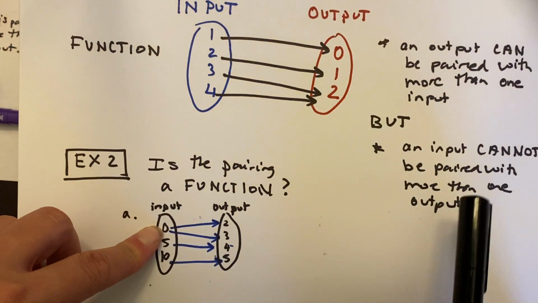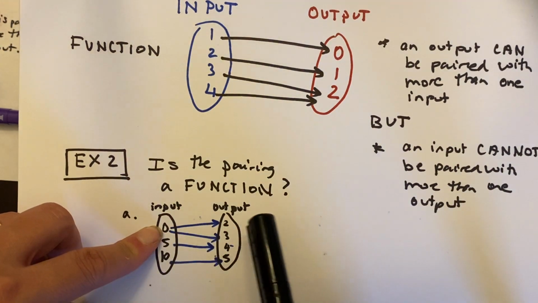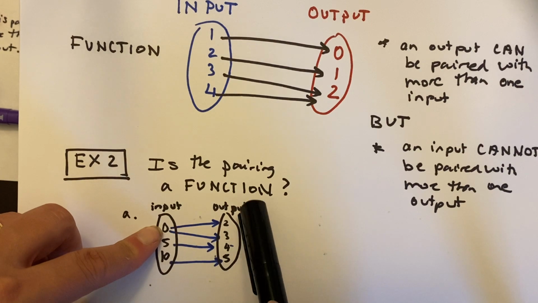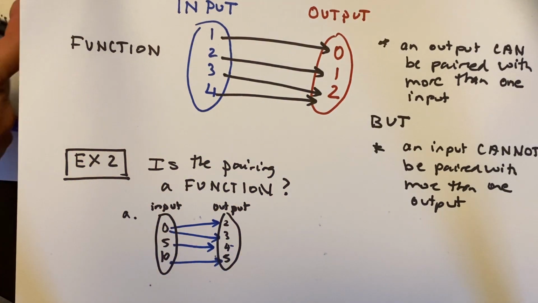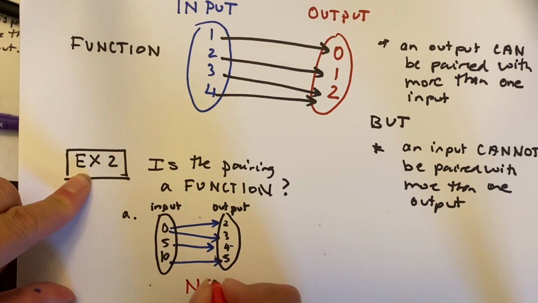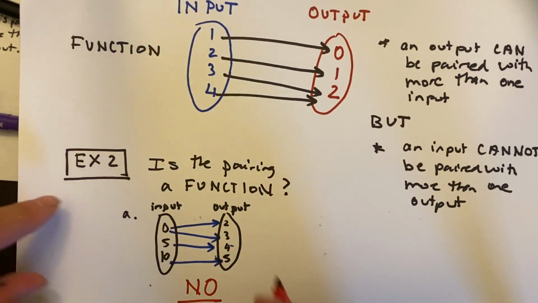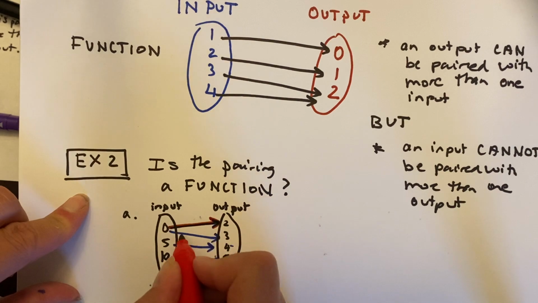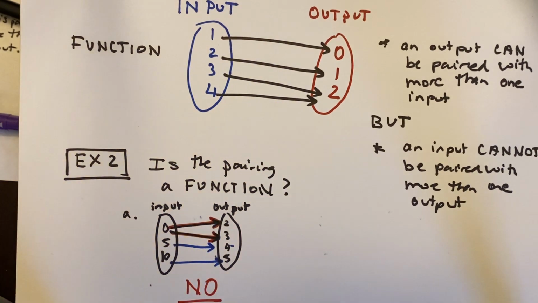That is not a function because this input cannot cause 2 different outputs. Therefore, this pairing is not a function, because this causes 2 outputs.